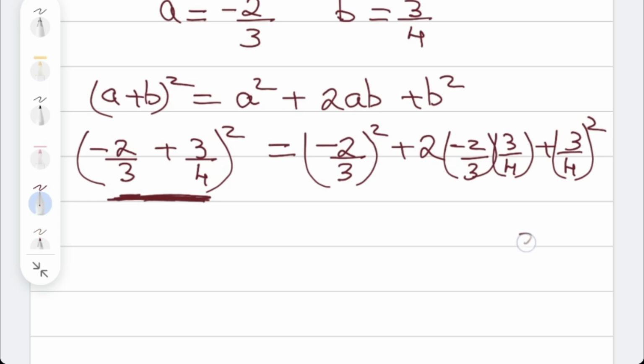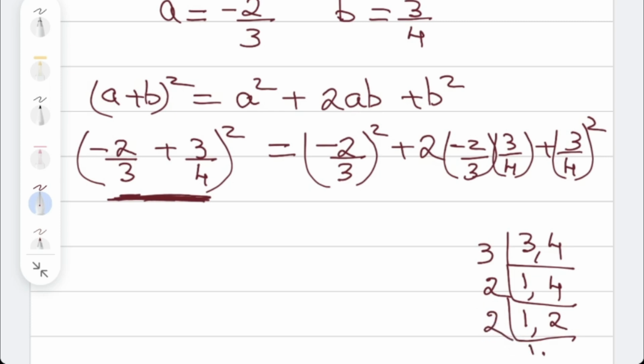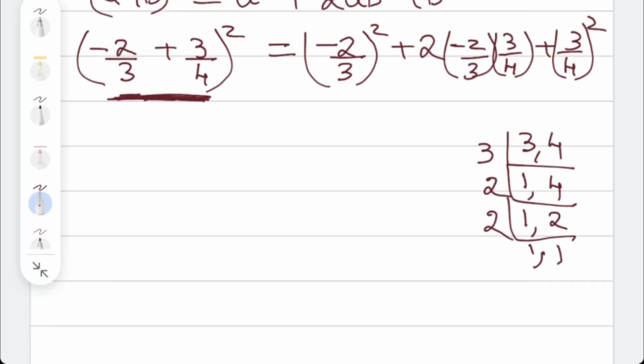For 3 and 4, the LCM is 3 ones are 3 and we have 4 as it is. We don't have any other factors, so we take the factor as 2. We have factors 3 into 2 into 2, so our LCM is 12.